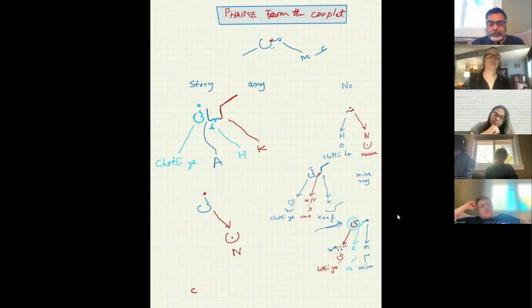Remember the N sound? So this thing that looks like a giant 3 has the letter noon in it, and then the second letter is Choti Ye.